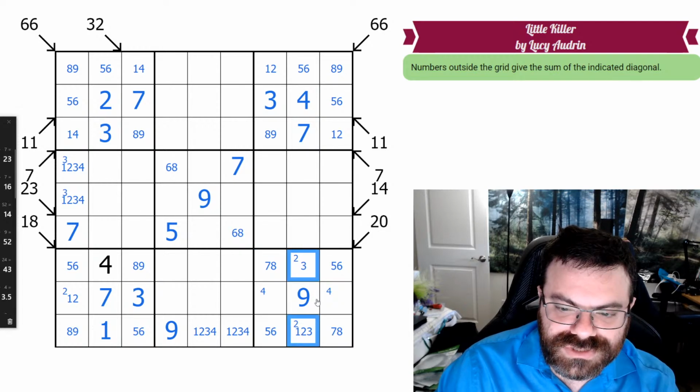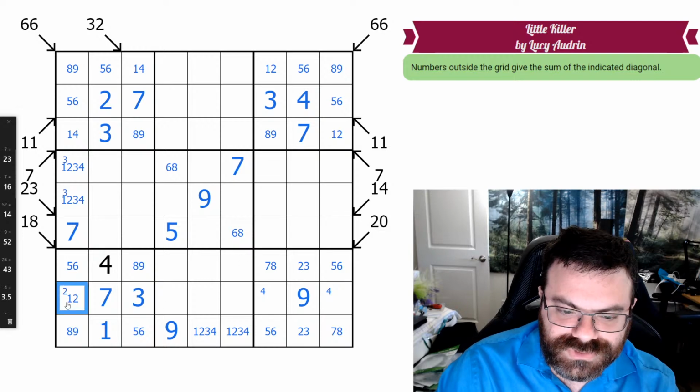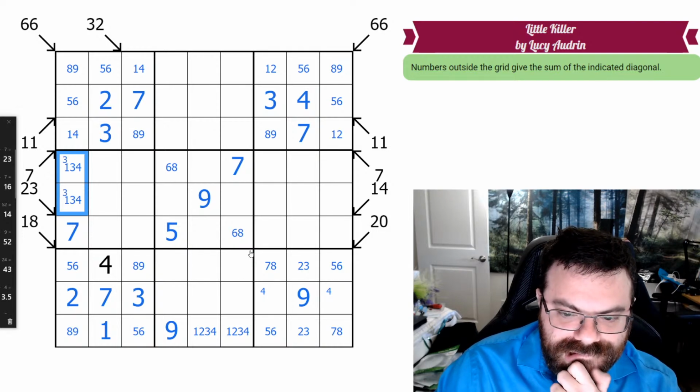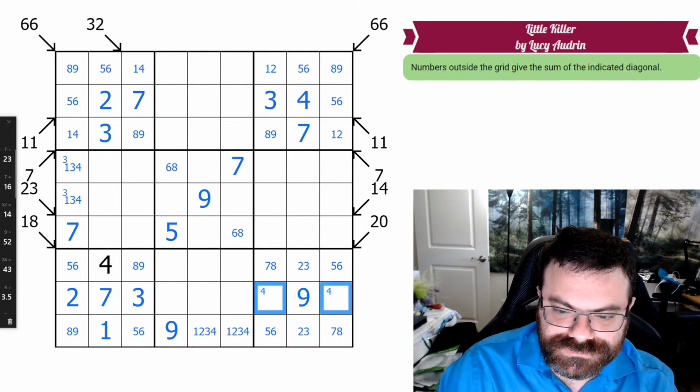Three in this box is in one of these two, so oops. That actually makes it a hidden 2, 3. Wait, this has to be the 2 then, which I should have seen. So this is 1, 4.